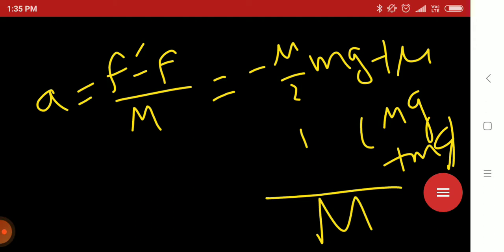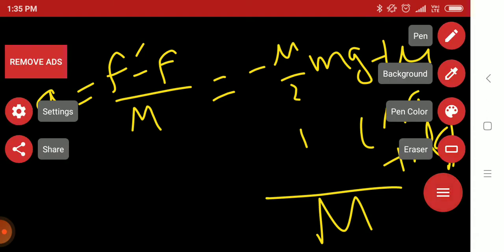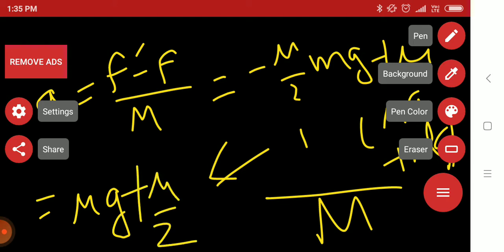So now it is more natural to analyze the motion of small mass m in the frame of capital M. Let me first simplify it. Before that, it will be mu g plus mu by 2 small m by capital M into g.